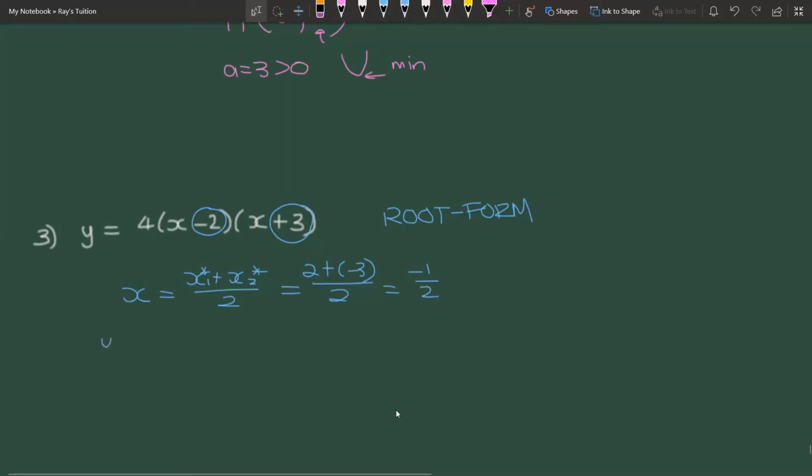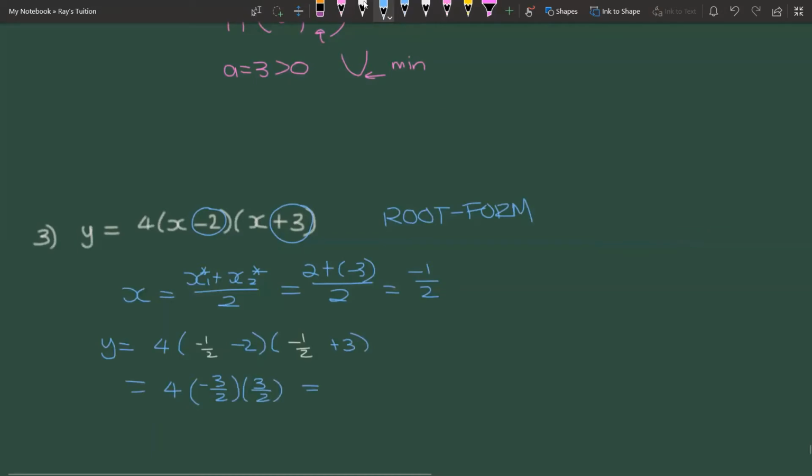How do we get the y coordinate? So in the place of x, we're going to now put minus a half. So minus half will go there, and minus a half will go there. So this here is equal to 4 times minus 3 over 2 times 3 over 2.